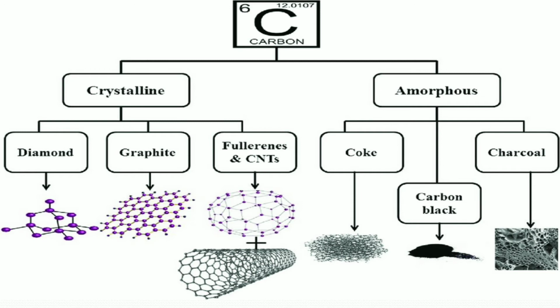Here there are two different types of allotropes of carbon. First, the crystalline allotrope of carbon, and second, the amorphous allotrope of carbon. The crystalline has different examples, that is diamond, graphite, fullerene, carbon nanotubes, etc. And the amorphous allotrope of carbon also has different examples: coke, carbon black, and charcoal.